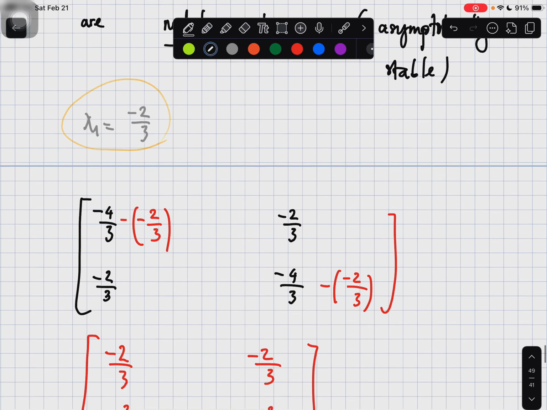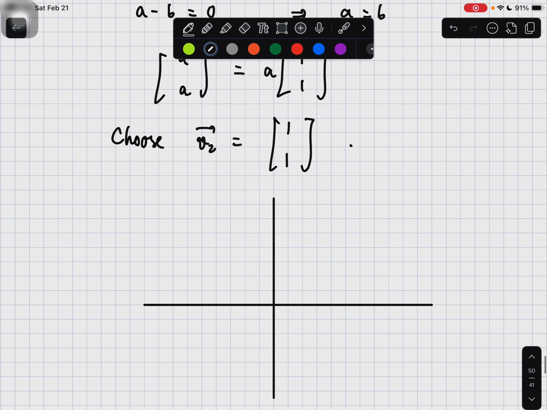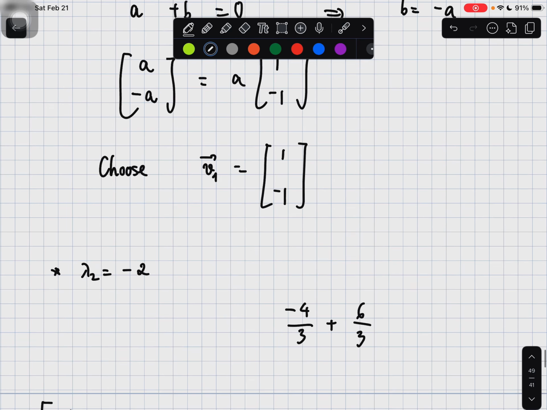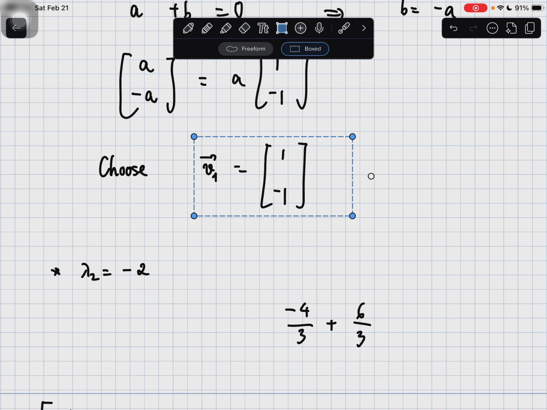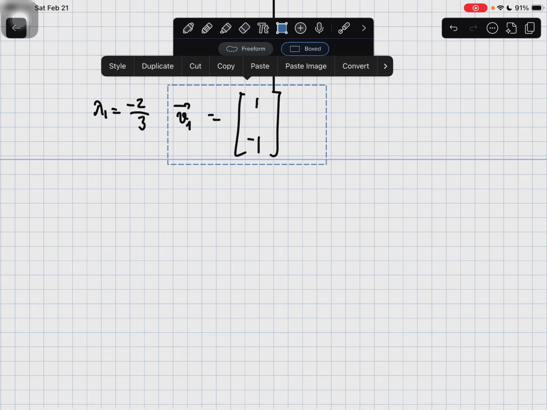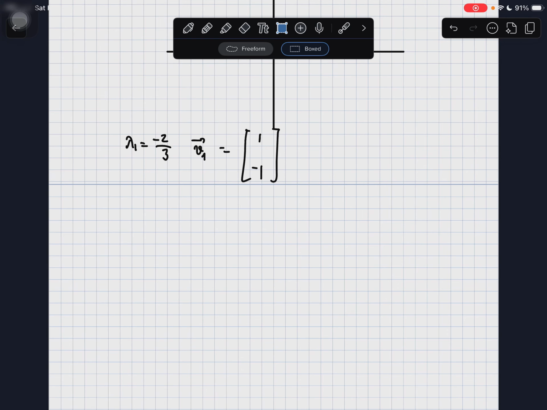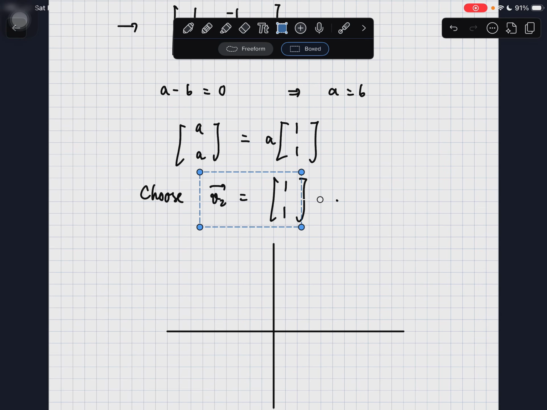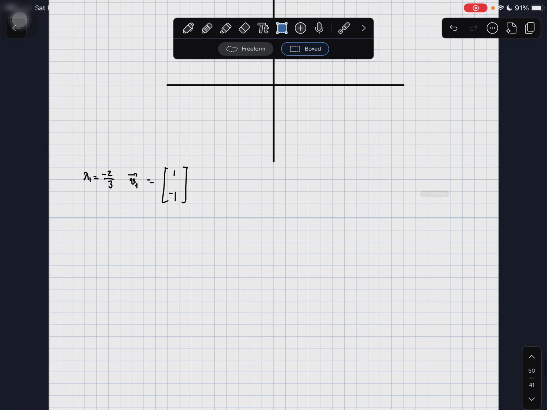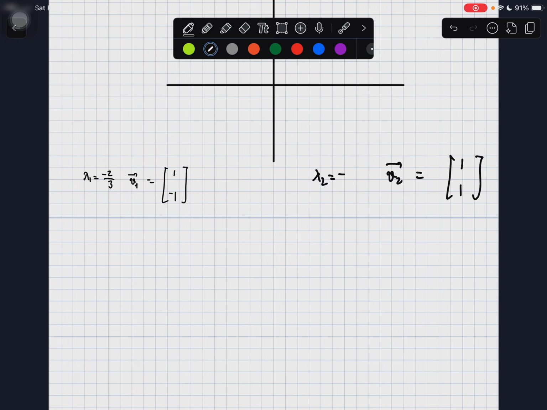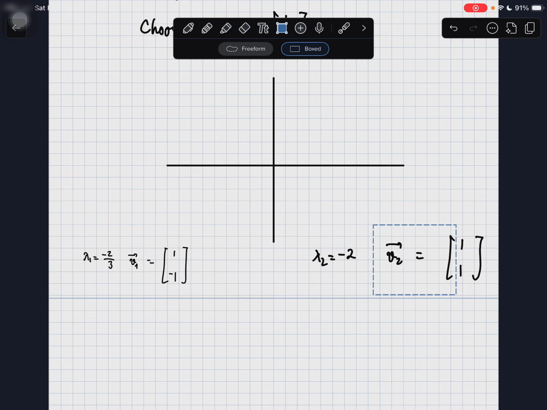Lambda 1 equal to minus 2 over 3, eigenvector v1 is 1, minus 1. Lambda 2 equal to minus 2, v2 is 1, 1.